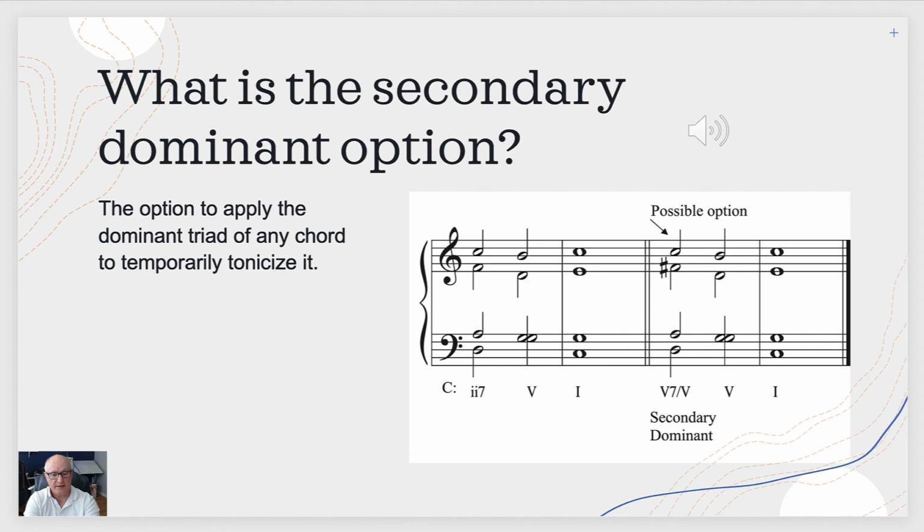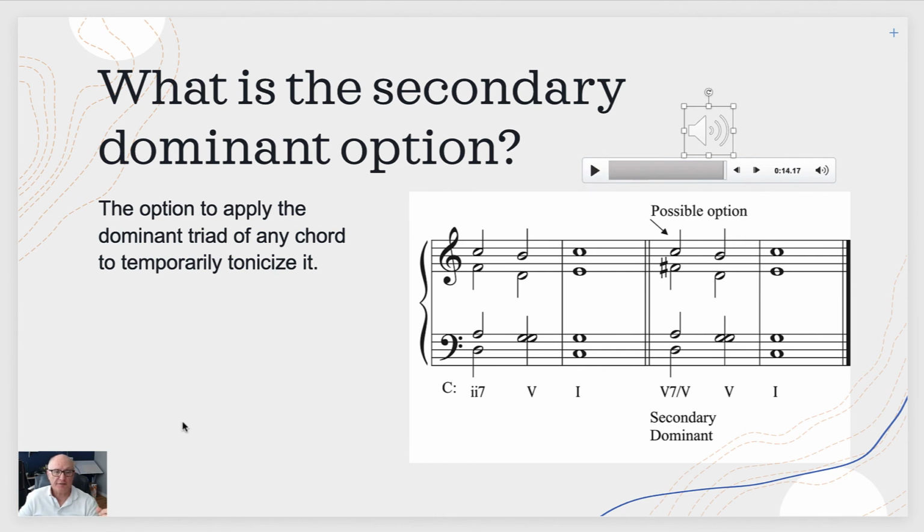So if you do that, then you have the leading tone of the 5 chord. So listen to both of them, one right after the other. Nice cadence. Another nice cadence with just a different quality to it.